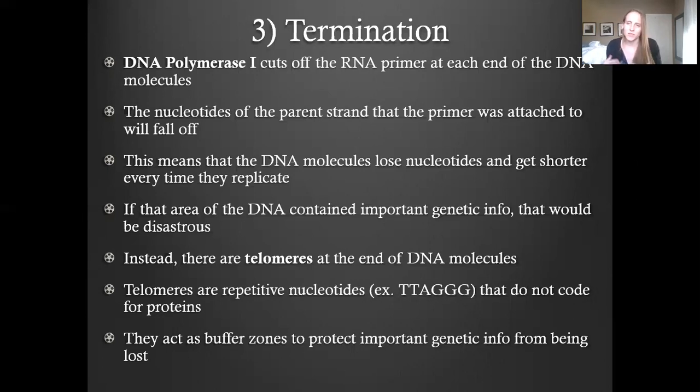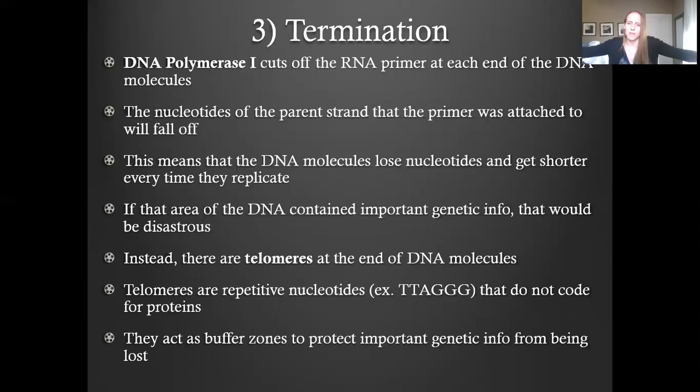Now, obviously, you don't want to be losing important genetic information every time you cut the ends off a DNA molecule. So there is something called telomeres that are at the end of DNA molecules. And telomeres are just repetitive nucleotides that don't actually mean anything. They're just gibberish. They don't code for any proteins.